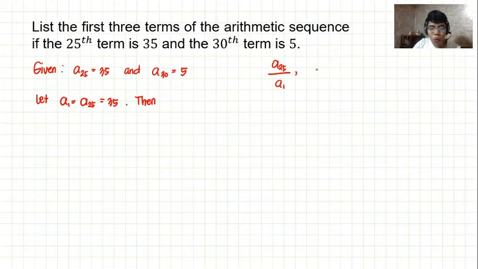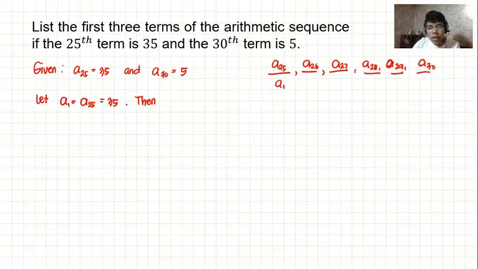So if that's the case, then if A sub 25 is A sub 1, okay? So therefore, what is A sub 30? So it will follow that A sub 26 is my second term, A sub 27, A sub 28, A sub 29, A sub 30. So from that, A sub 1 is A sub 25, it will follow that A sub 30 will be A sub 2, A sub 3, 4, 5, 6, A sub 6.